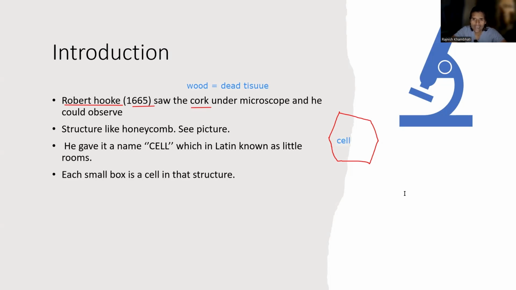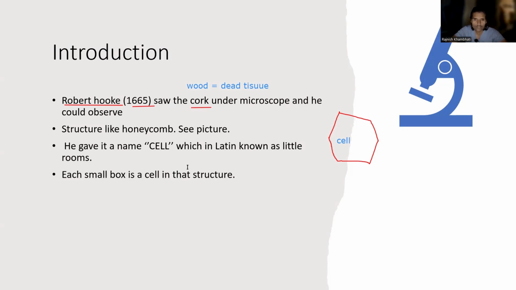Now the question is, why cell? Because in the Latin language, cell means little rooms, rooms that do not have windows and doors. There is nothing, only wall is there.